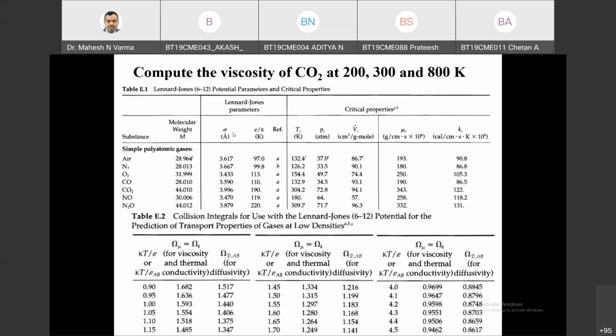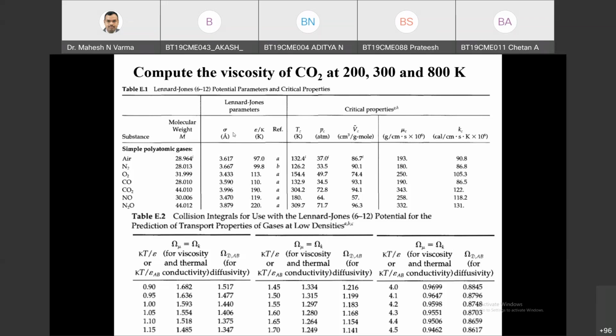Very good. And then how to get the collision integral? By using epsilon by K. What is epsilon by K for carbon dioxide? 190. And then divided by 200. So what is the value you are getting? 1.05.